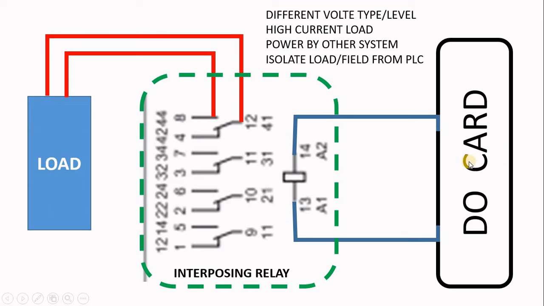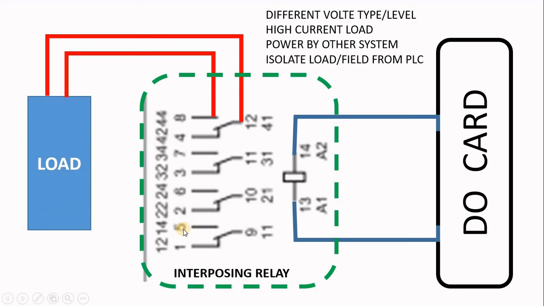This is 12 volt or 24 volt, and this is 48 DC, or AC and DC, or you need a high current load that you can't get from your card, or the channel is powered by another system, which is typical in the MCC. In the MCC you have a motor control circuit, which is probably 220 or 110. So what is expected from your PLC is a dry contact. In this case, you need an interposing relay.